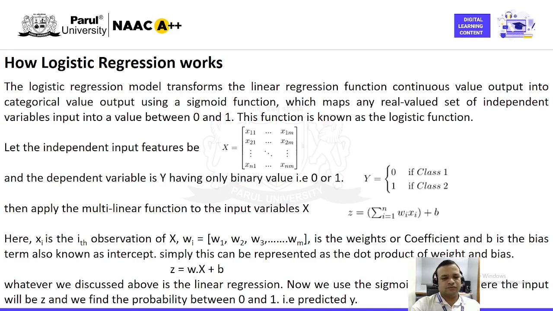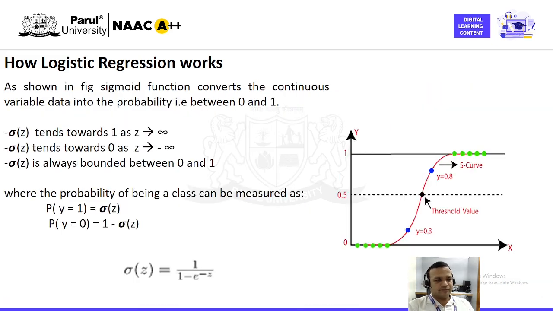Whatever we discussed above is the linear regression. Now we use the sigmoid function, where the input will be z, and we find the probability between 0 and 1, the predicted y.